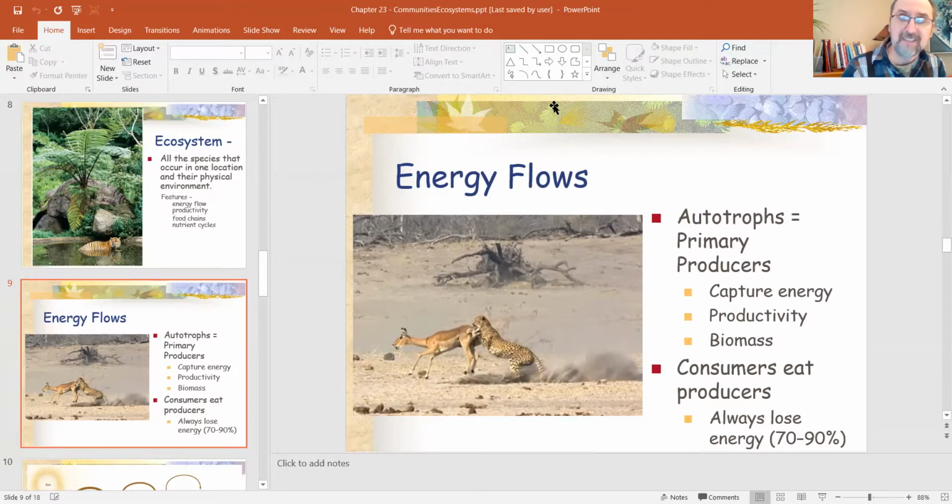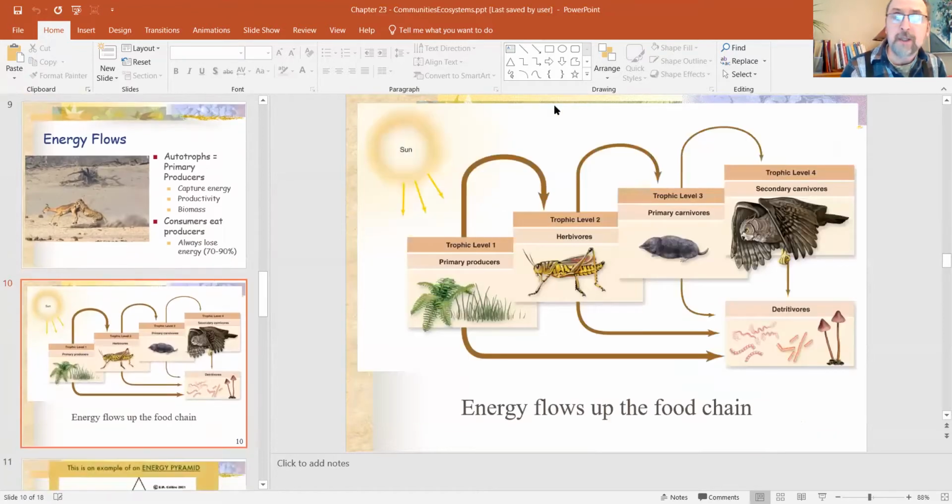But there's always less and less energy as we go along a food chain. And so there's always more energy in the grass than there's in the grasshoppers. And then there's always more energy in the grasshoppers than there are in the carnivores that eat them, or secondary carnivores. And so there's always some energy lost when you go along a food chain.